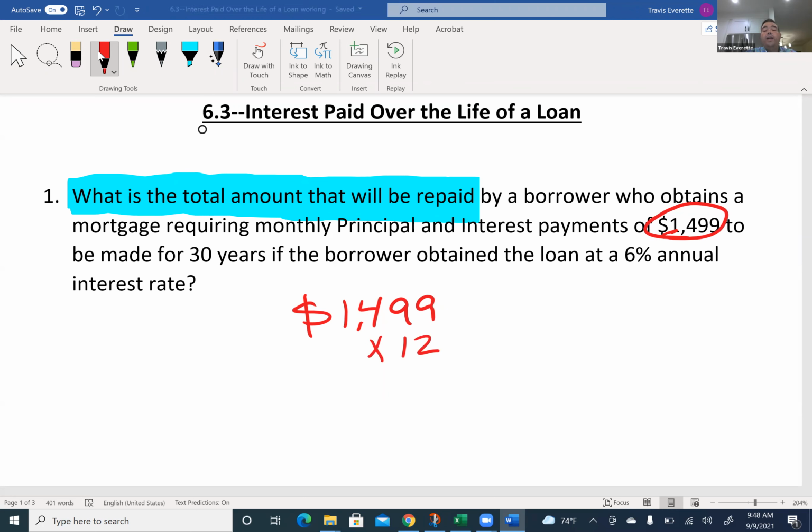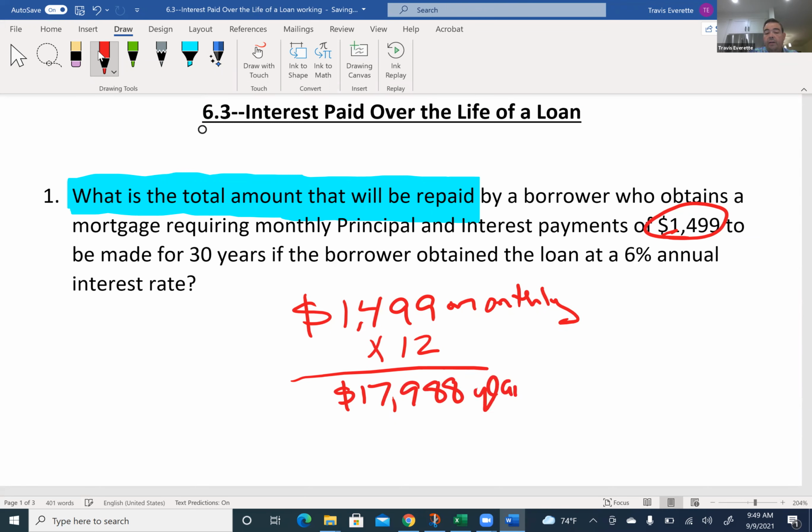So if we do $1,499 times 12, that would give us our annual repayment. So $1,499 monthly times 12 equals $17,988 yearly that we're going to pay.